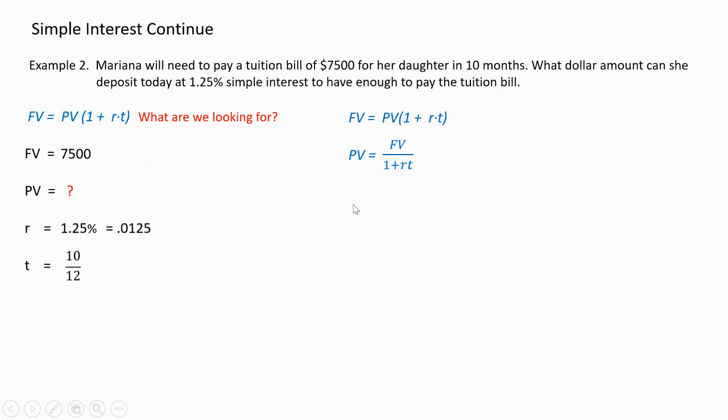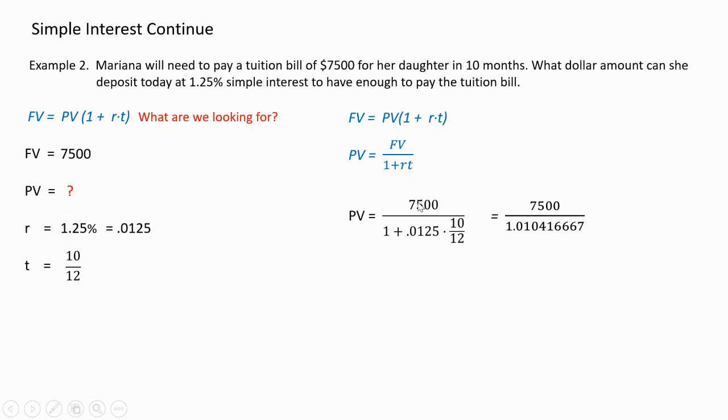The book likes to use this formula. But these two formulas are the same, because to solve for present value, we divide both sides by 1 plus RT. So it gives us the future value divided by 1 plus RT. So we plug everything in. If you do it this way, you have to be careful in the calculator.